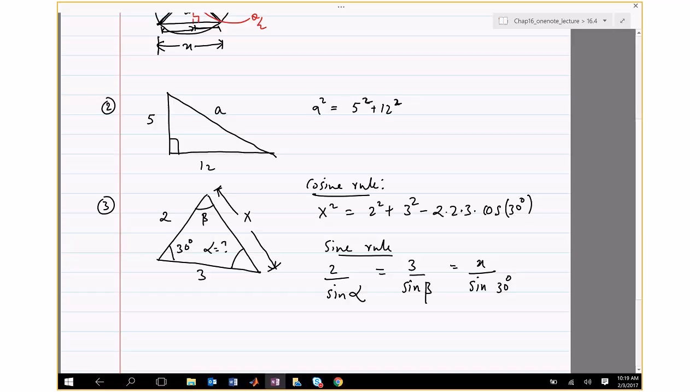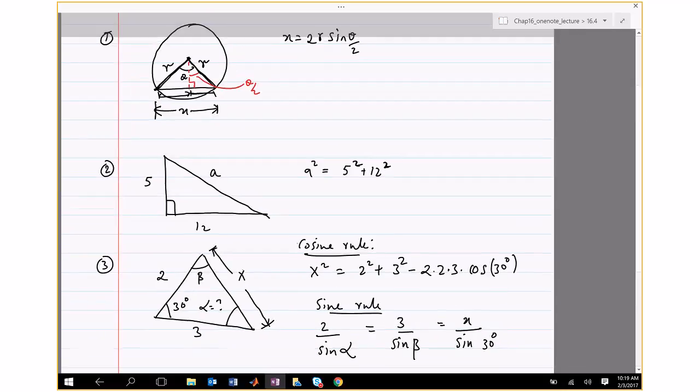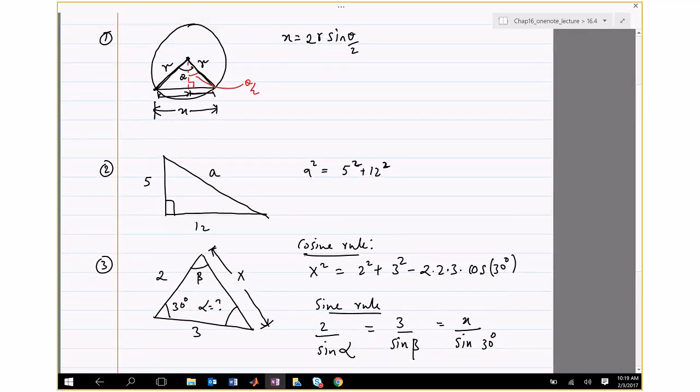It turns out that you could use the cosine rule, right here, to find an expression between x and theta. So x square is r square plus r square minus 2r times r cosine theta. And if you do the simplification, it'll actually come out to be 2r times sine theta divided by 2.